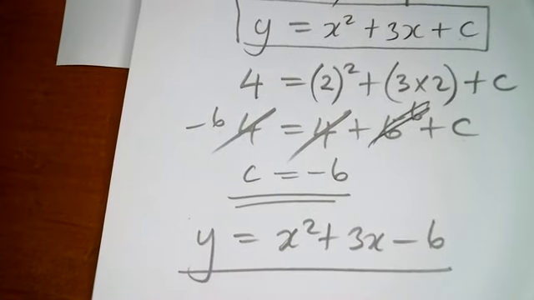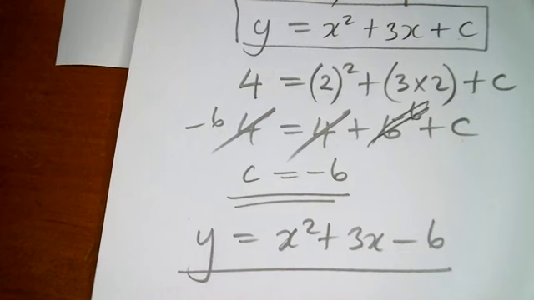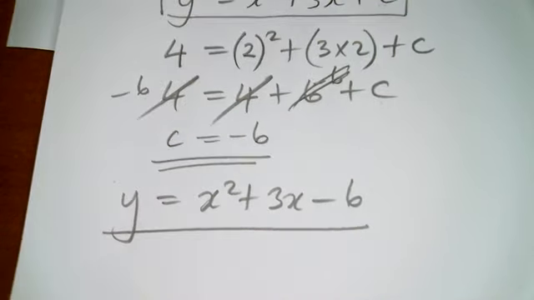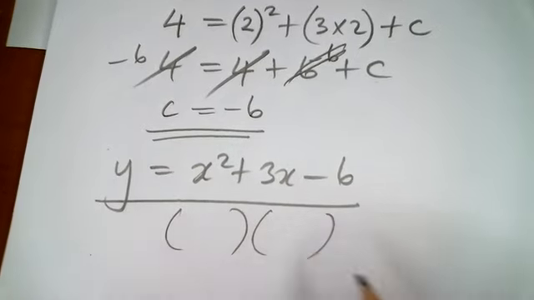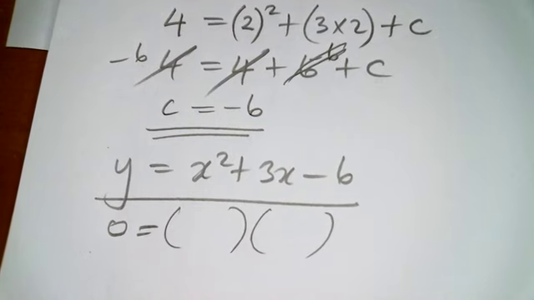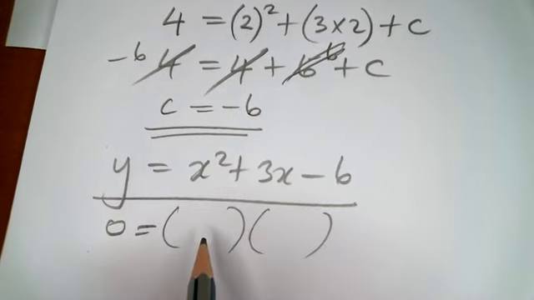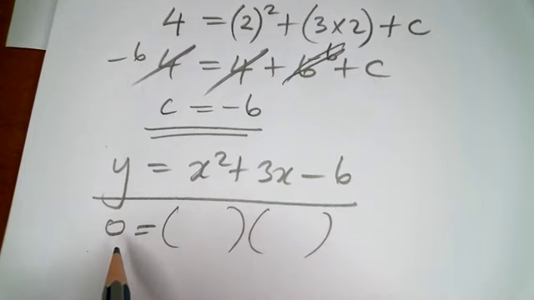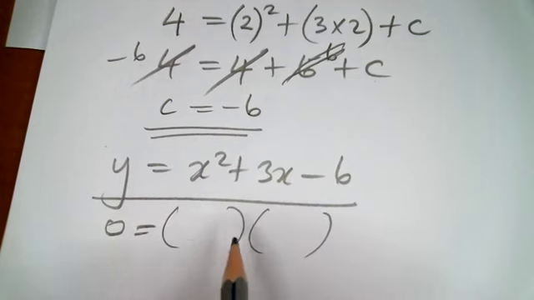Now, we've got the equation there, and I'm looking at that equation, and I'm thinking, that actually doesn't factorize particularly well. In other words, if I wanted to try and turn this into 2 brackets, I'm going to make this equal to 0 because I want to find the x-intercepts, in other words, where it crosses the x-axis, and I could do so by making y equal to 0, because of course when we have a graph, the y equals 0 line is the same as the x-axis.